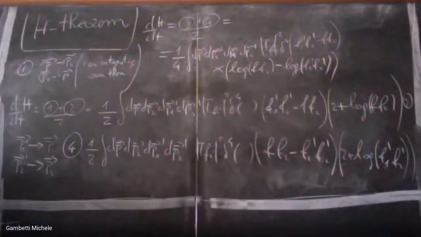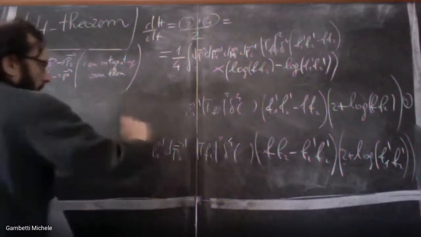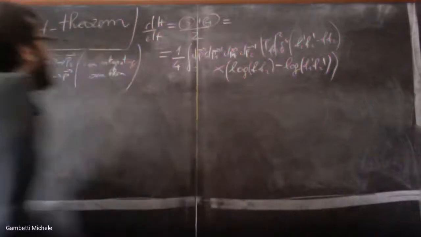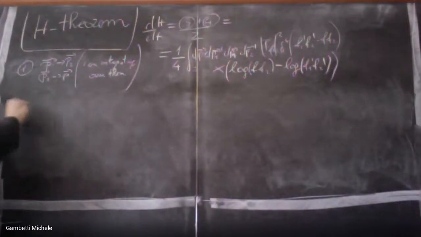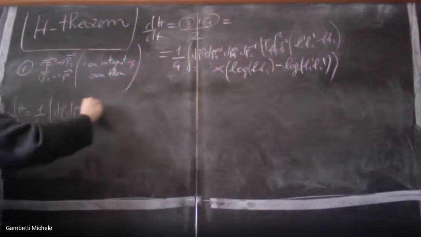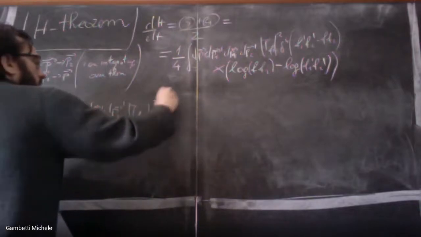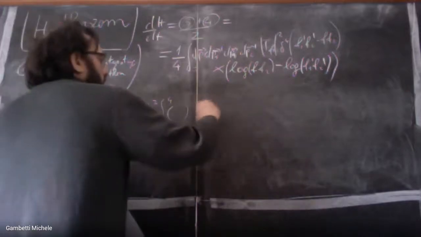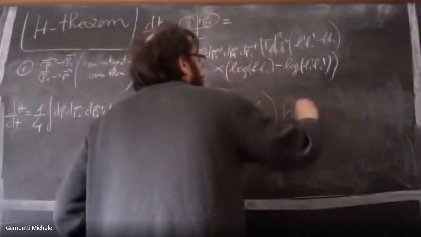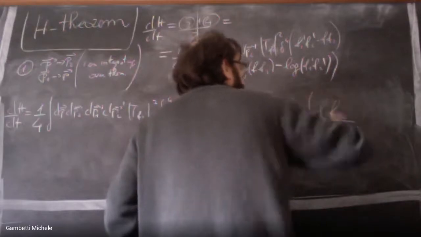Okay. So let me now remove these. So then dh/dt is equal to 1/4 of the integral dp2 times the modulus of delta 4, and then I have f1 prime f2 prime minus f2 times the log of f f2 divided by f1 prime f2 prime.